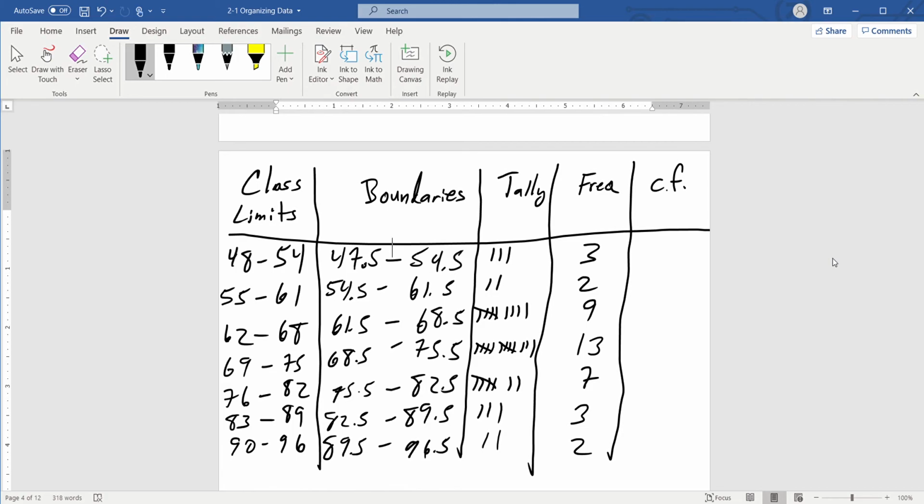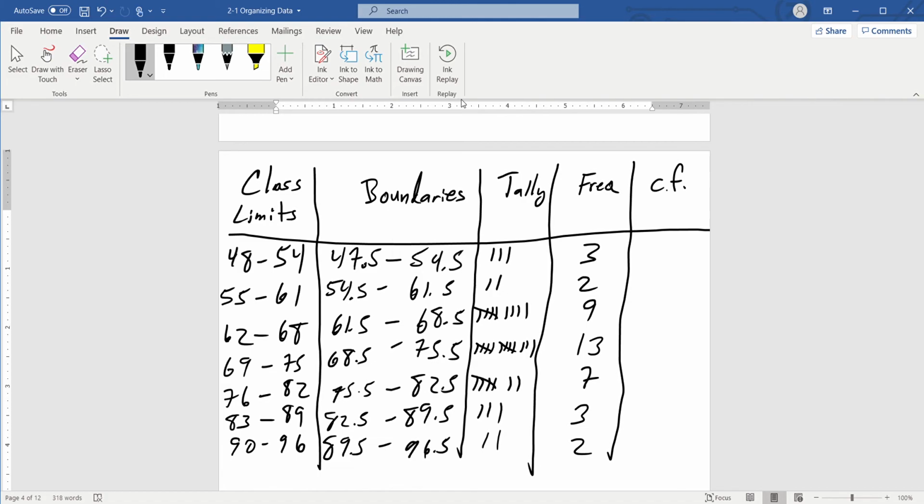Your book likes to make this completely separate quote-unquote table for cumulative frequency. It's not necessary. Just keep it all together, just like this. You put this cumulative frequency somewhere off to the side, will take off. Keep it together. So cumulative frequency is tallying up all the way down your frequencies.